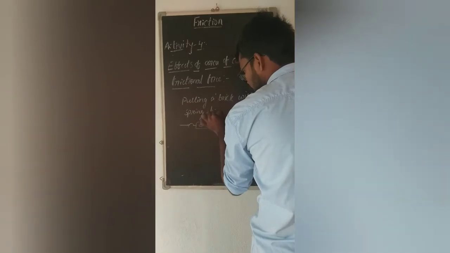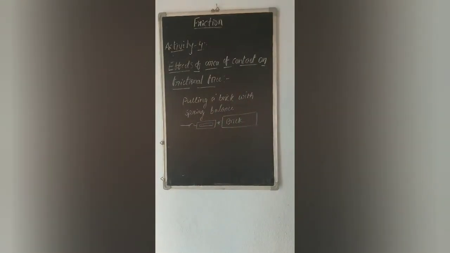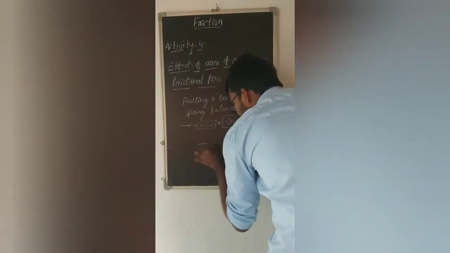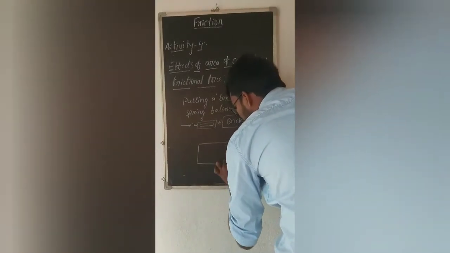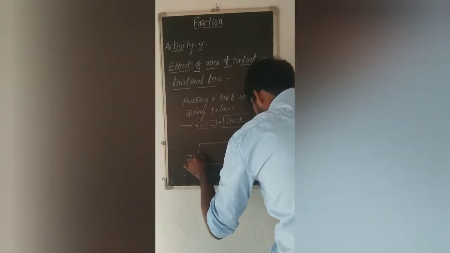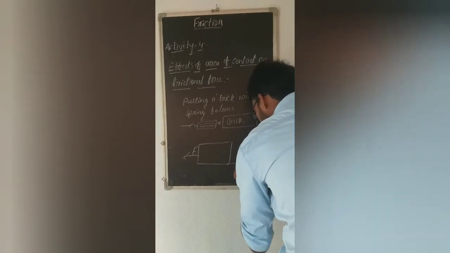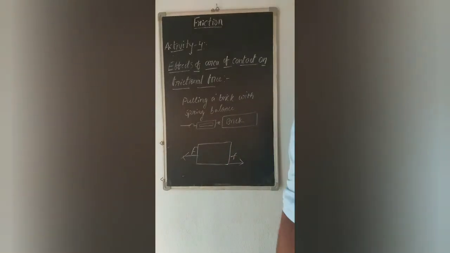If we draw the normal diagram for this one, the force acts in this direction, so the frictional force will act in this direction. This is about activity number 4, effects of area of contact.